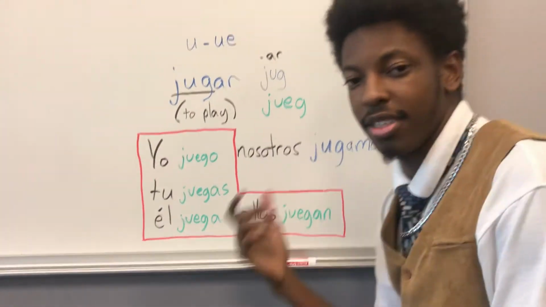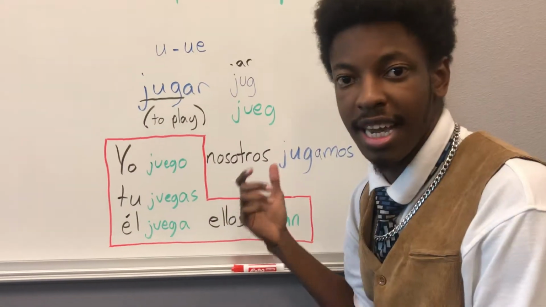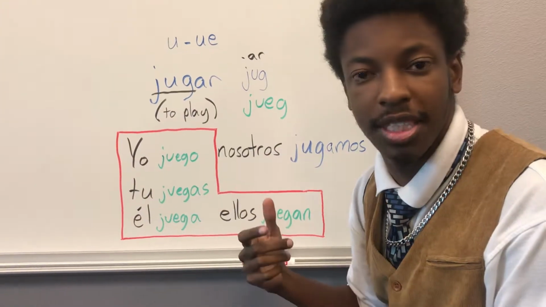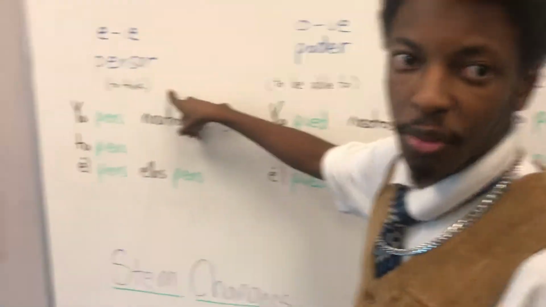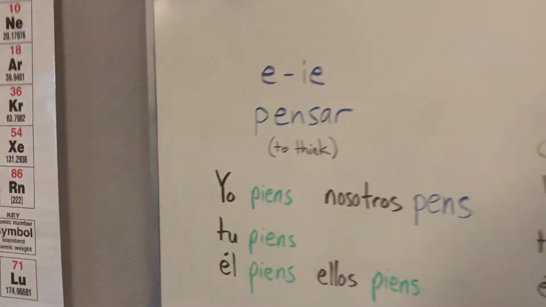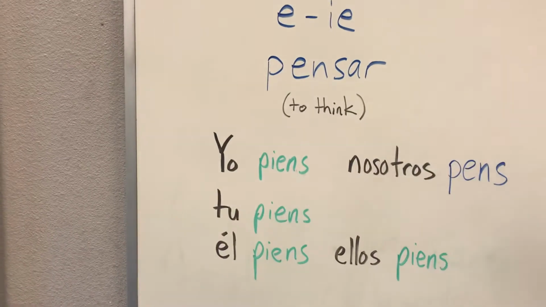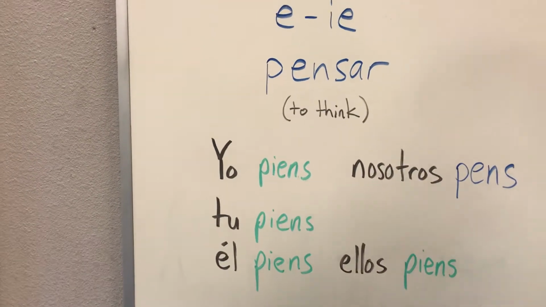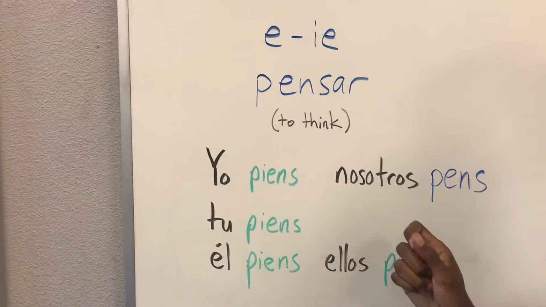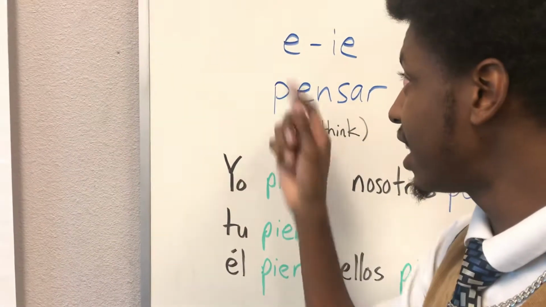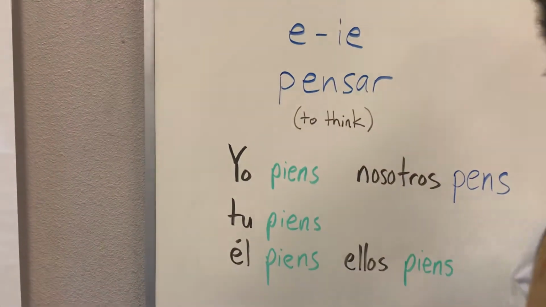Let's look at some other examples of stem changers. And I think once we do this a few times, you're going to get it pretty easily. So right here, we have the verb pensar. Now, this is an example of a stem changer. And the reason it's a stem changer is because it says the E changes to IE.